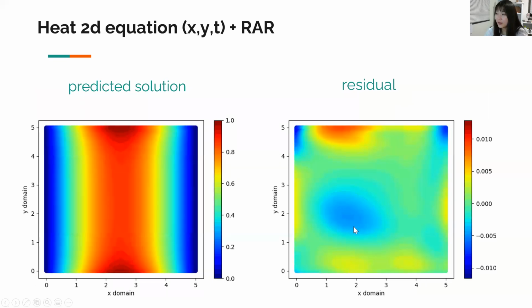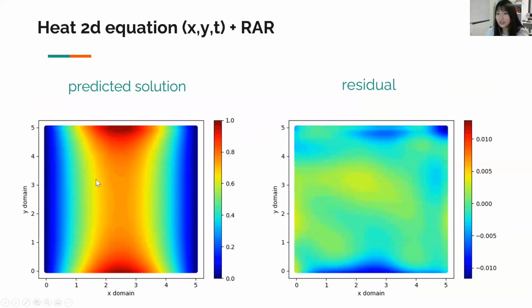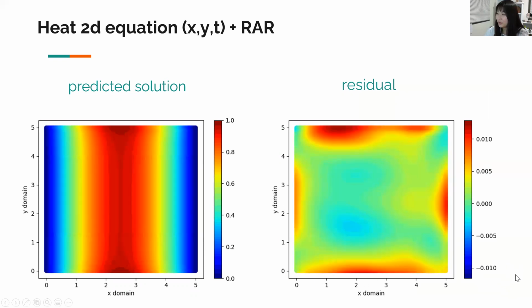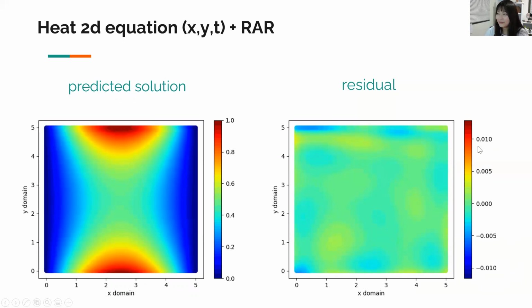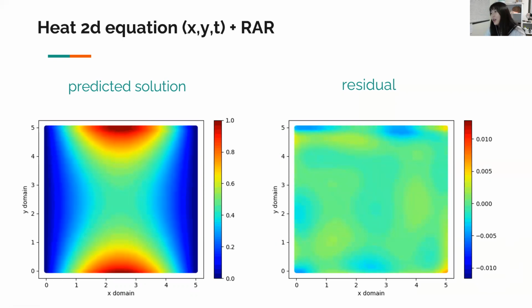And here are my results. Because it's a 2D problem with x domain, y domain, and time domain, I make it into a video. So the result is changing with time. As we can see, the residual is within 1%, meaning that we are about 99% accurate.